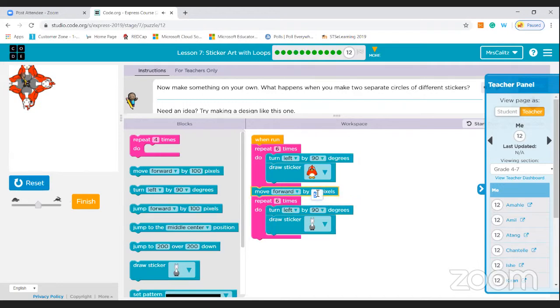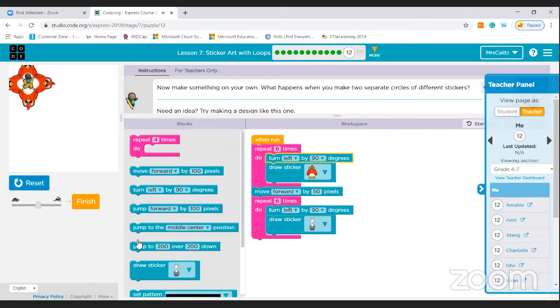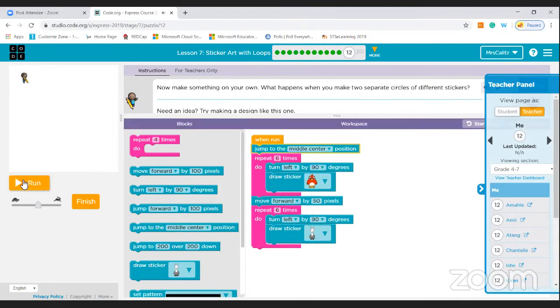I needed to move forward, say, by 50 pixels. Okay. Let's do this. Jump to middle, center position, and then we do it one more time.